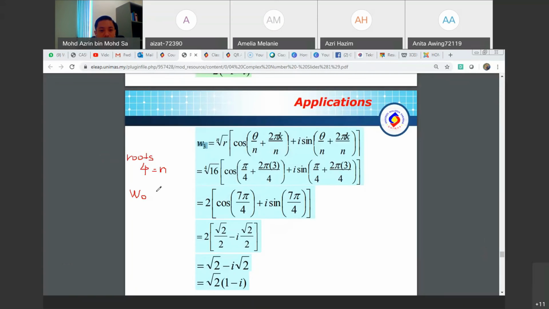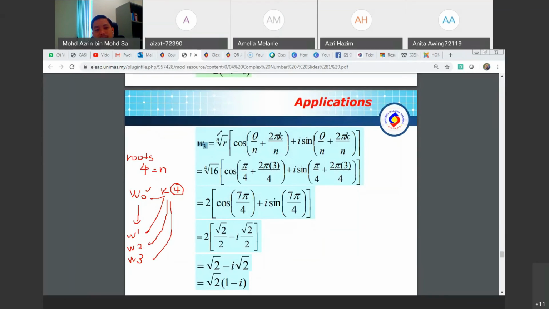So 0 until 1, 2, 3. So you have the value of K here. So ada 4 value of K, but K must start from 0. First K is 0, second K is 1, third K is 2, fourth K is 3. So this is the last roots.